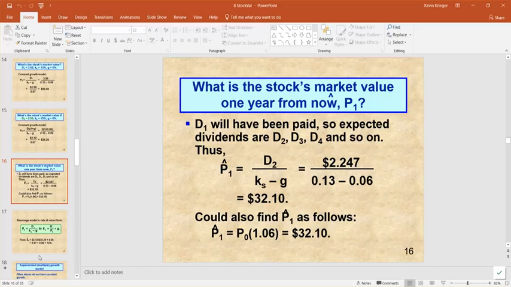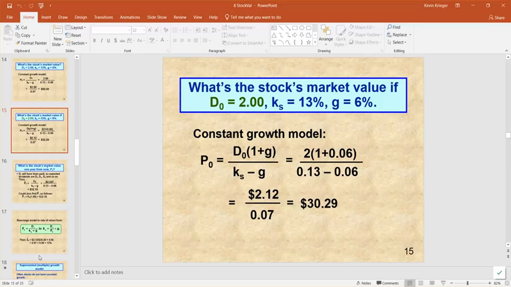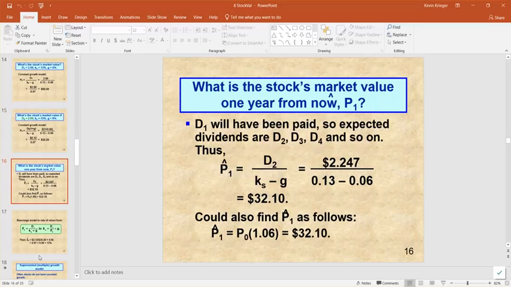In fact, in this case, you can even sort of see how this actually works. If I want to know the price that I expect 1 year from now, I can take this example from slide 15. The price today, my best estimate, is $30.29, but I expect the price will grow to $32.10 next year.